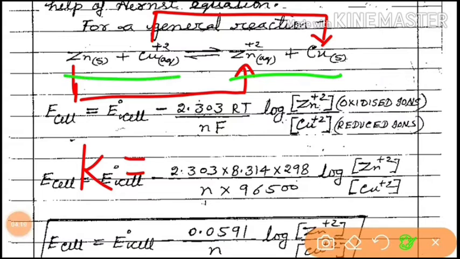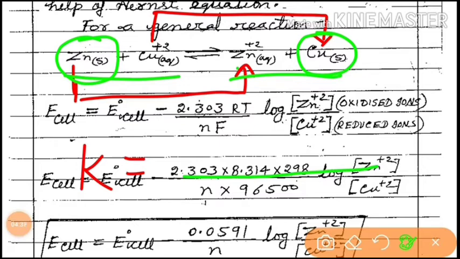In this, copper is solid and zinc is solid. And in the 11th class, I told you, whenever we write the formula of the equilibrium constant, the concentration of solid substances is taken as 1. It means constant. These are the two products, Zn plus 2 and copper, which is taken as 1.